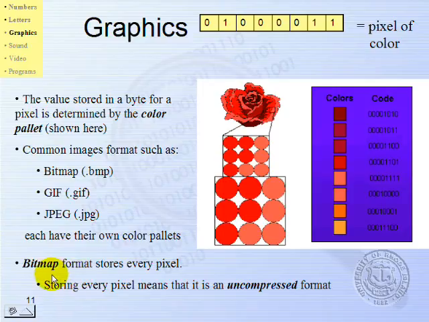A bitmap image stores every pixel that the digital camera or the scanner sees. This is called an uncompressed format, and it's the most basic kind of graphic format. We are going to see in the next slide different formats that are compressed and don't necessarily store every pixel like a bitmap. The problem with bitmaps is that they're quite large.